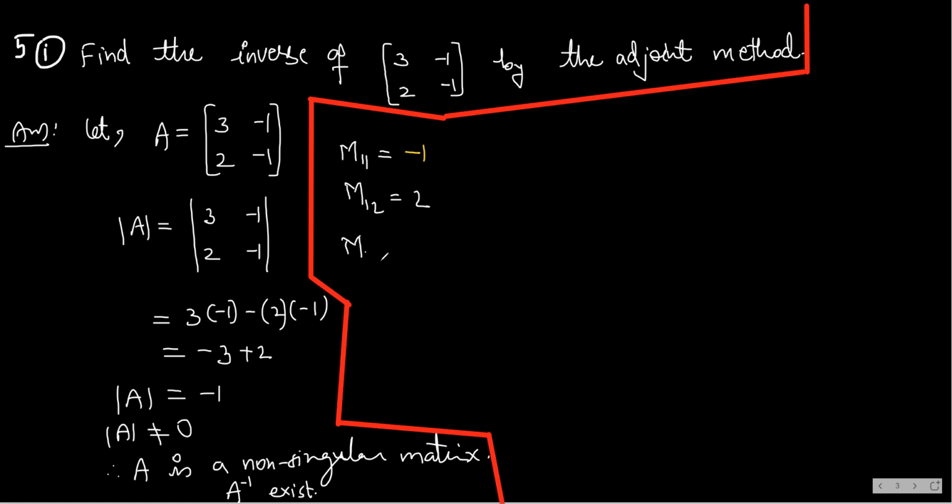Then M21 is negative 1. And M22 is 3. These are the minors of the elements.